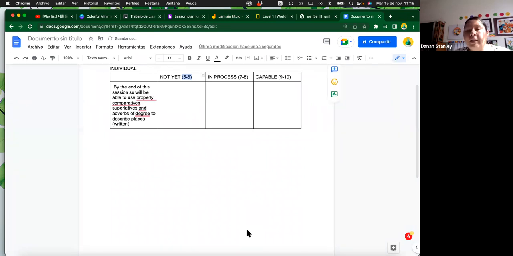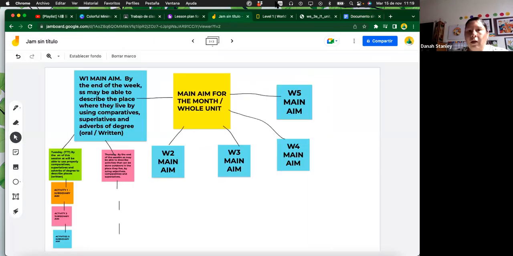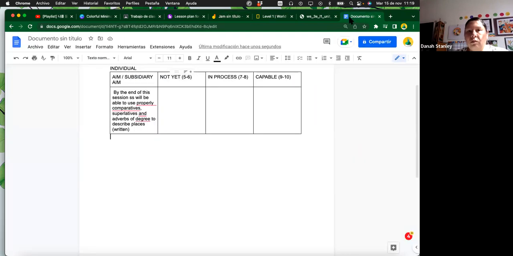Entonces, there's no necessity for you to invent your rubrics. The aim is subsidiary aim. Is your standard. Entonces ya está la evaluación. At the moment you are doing your lesson plan, you have the evaluation. Because remember that the aim is the evidence if your students are doing it or not.